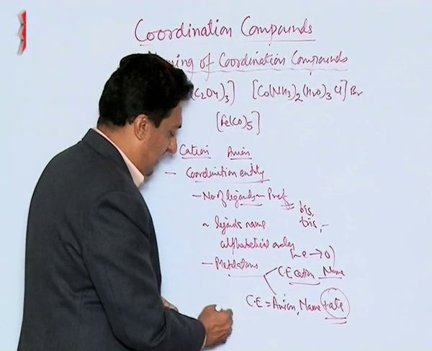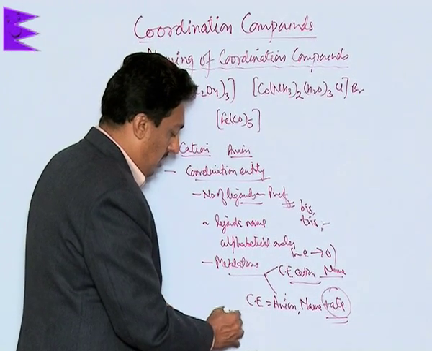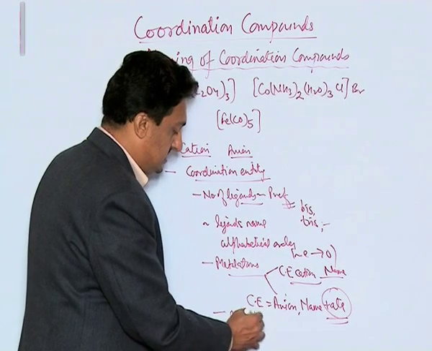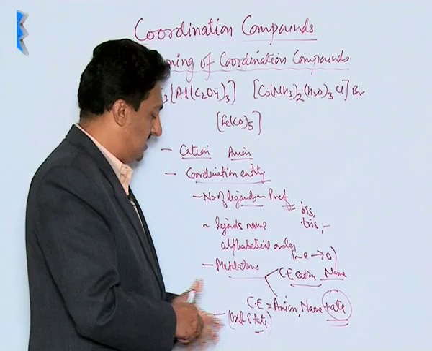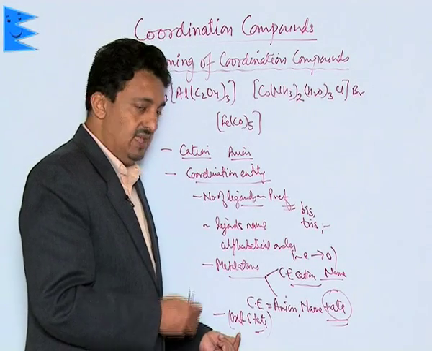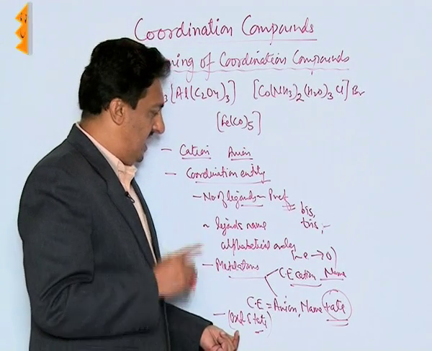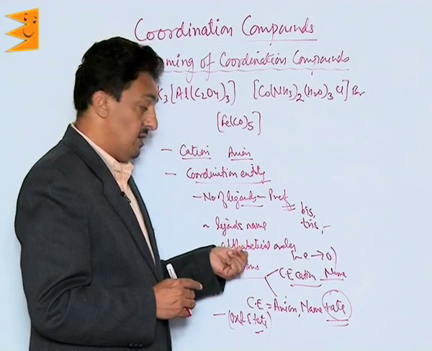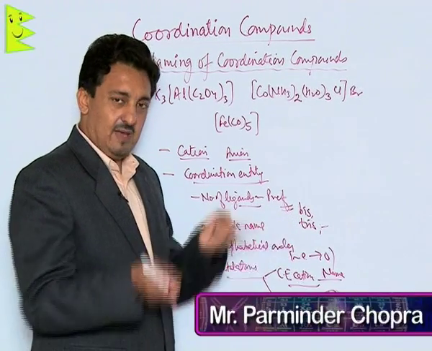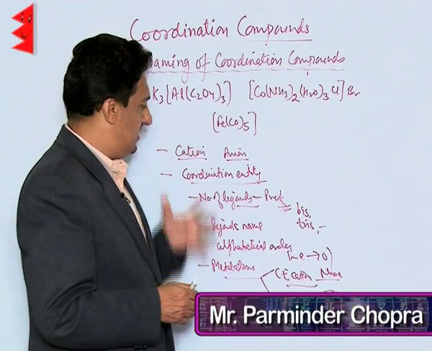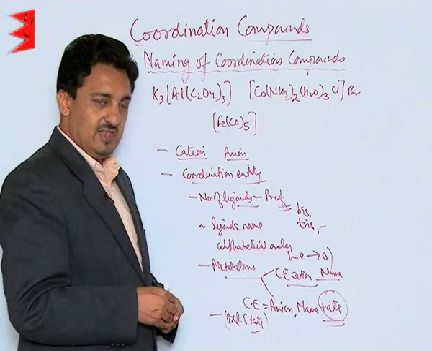And then at the end, we write the oxidation state in Roman numerals, in simple brackets. One small thing: whenever we have a ligand whose number is indicated by bis or tris, it is always kept in simple brackets. So these are the general simple rules for writing down their name.